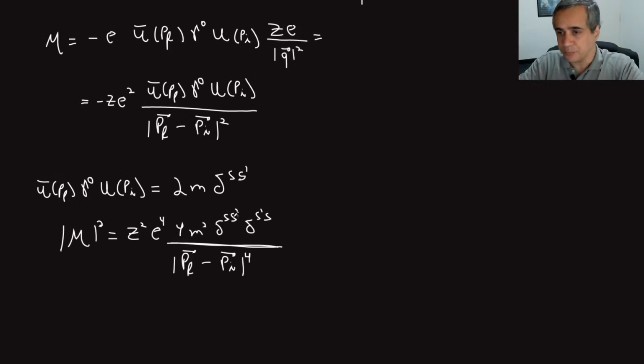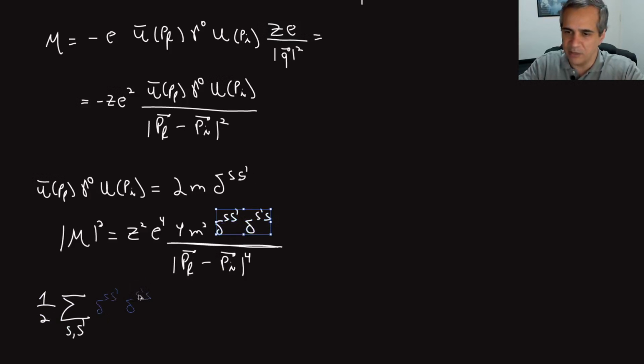Even more, I'm not worrying about the spin of the electron. So as usual, I have to sum over S and S prime and take the average over the initial spin. So there's a factor half. Of course, this is really simple in this case, because I can use one delta to make the sum on the other. And when I do the sum on the second delta, there will be a delta SS, which gives 2. So this is just 1. I just eliminate that from there.